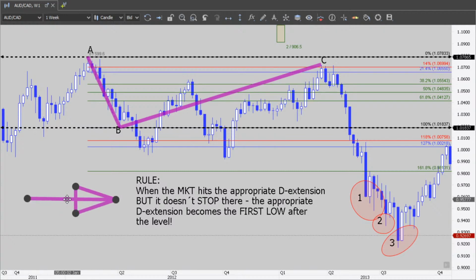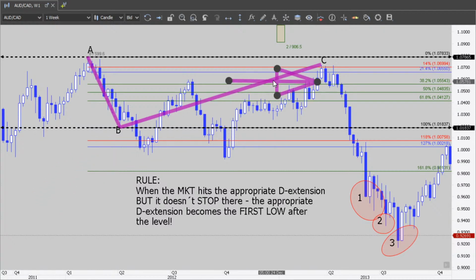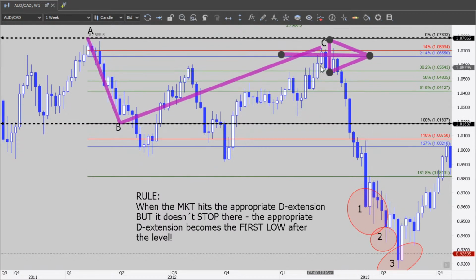It's a rule, right? We learned if the market retraces to the 14%, which is the red, then the appropriate D extension should be 118. Do we agree on this? This is the risk-reward ratio.